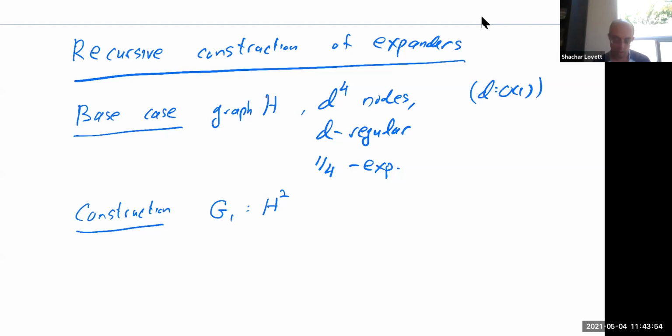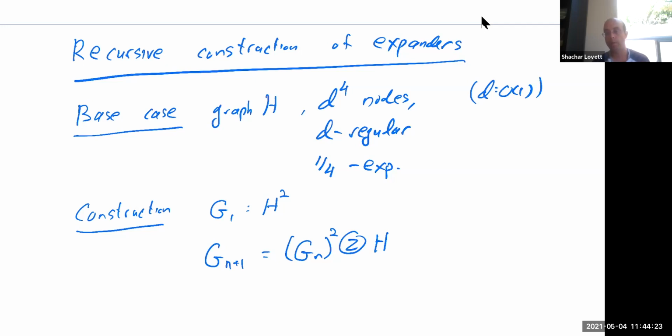Then if I constructed G1 up to Gn, G n plus 1 recursively is the following: I take the nth graph, I square it, and I zigzag it with H. So we alternate these operations. We square the graph to improve its expansion, but then we pay in the degree, and we zigzag to reduce the degree and slightly pay in the expansion.